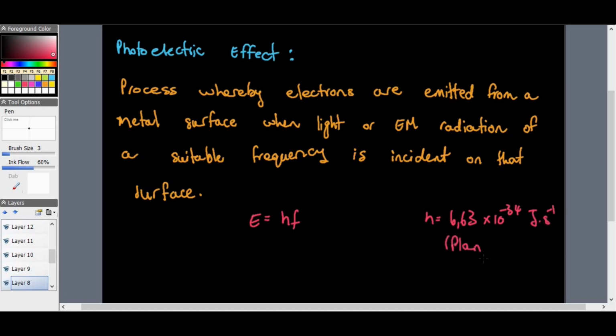I can always spell this surname wrong. Planck's constant will be supplied on a formula sheet, if they still do that. I know in my day they used to. F, of course, is the frequency.